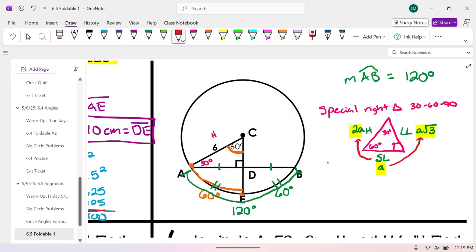We got to find the short leg next since we have the hypotenuse. Which side is directly across from the 30-degree angle? CD. Since this one's across from it, this is our short leg, and this is our long leg. So if the hypotenuse is equal to twice the short leg, the easiest way to find the short leg for CD is to do what?